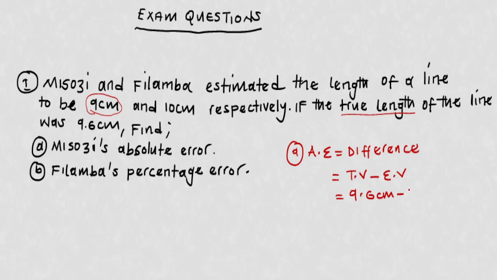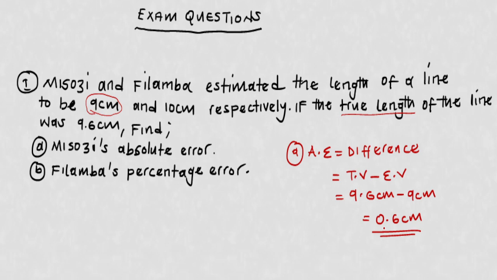We get 0.6 centimeters. So what I've gotten here is the absolute error for Misozi. That's how you can find the absolute error if you've been given the true length. But there is another way that you can find absolute error, and we're going to look at that shortly.